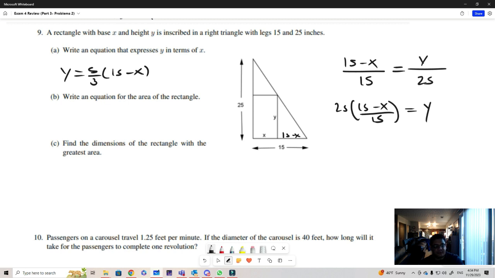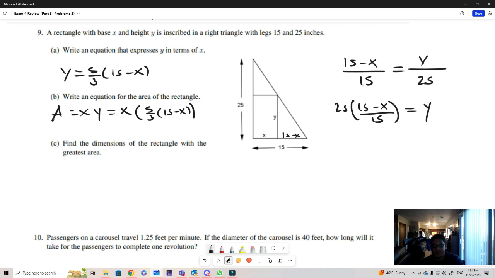Now, if we want to write an equation for the area of the rectangle, the area is x times y, and then I can replace the value of y. So we get this particular area function.